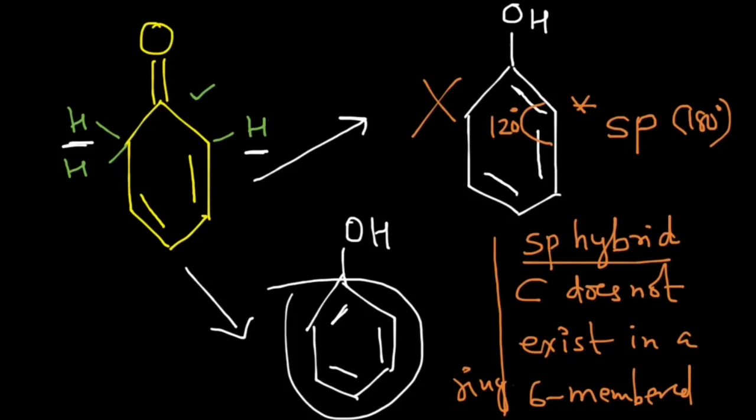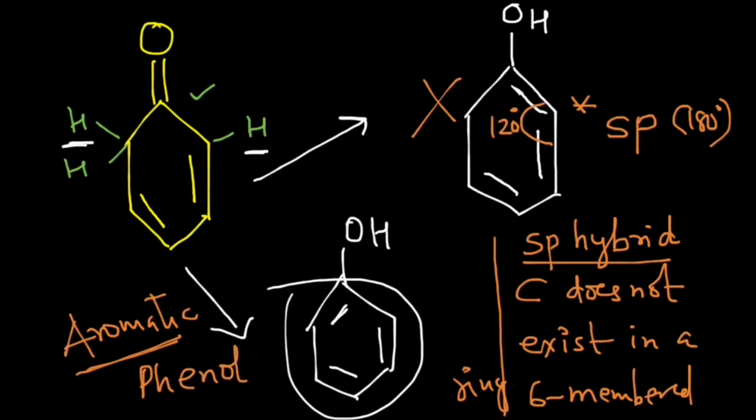Now take a look at the second product that we prepared, which has an aromatic character. This aromatic character adds so much stability that this enolic form that we have here, remember we call this phenol, and now you know where this name comes from. That is because it is the tautomer of this compound, and it is an ene and an ol.